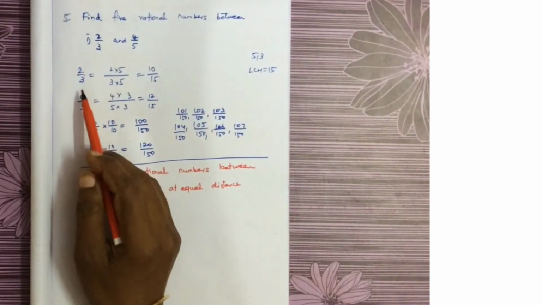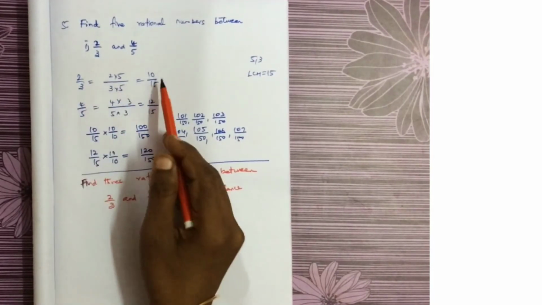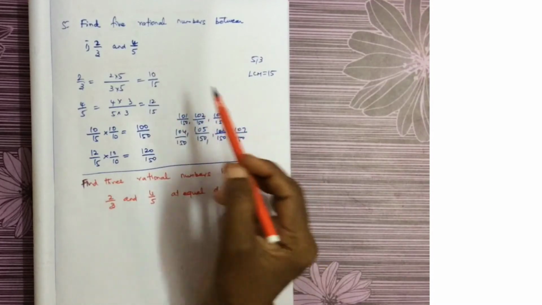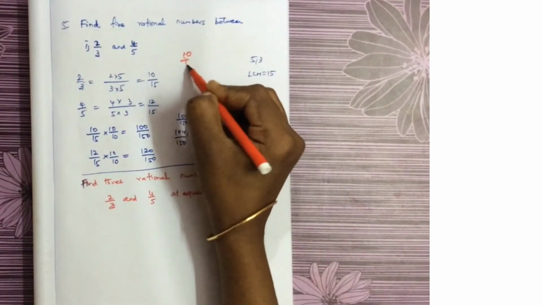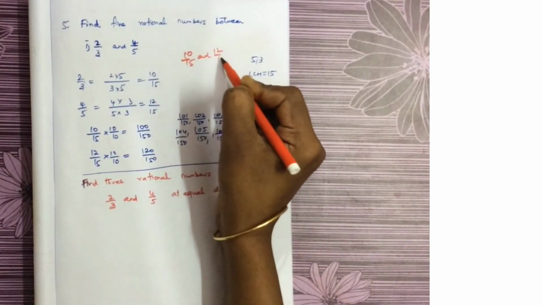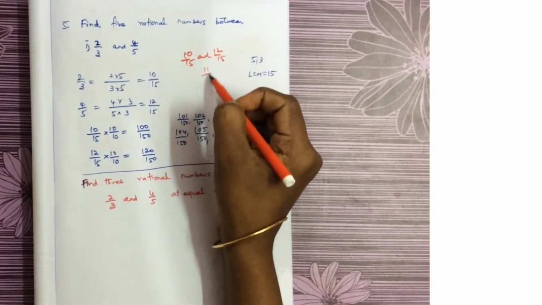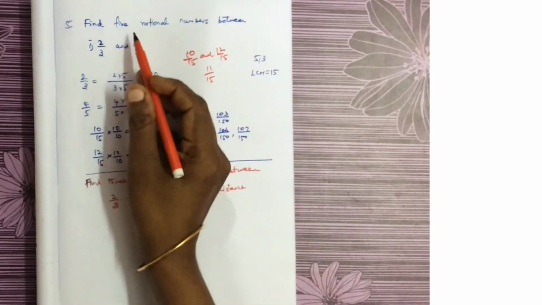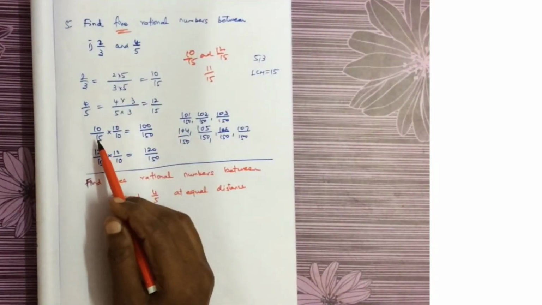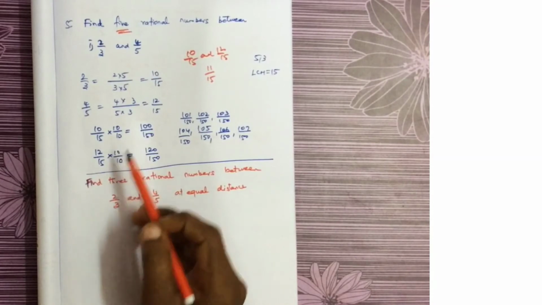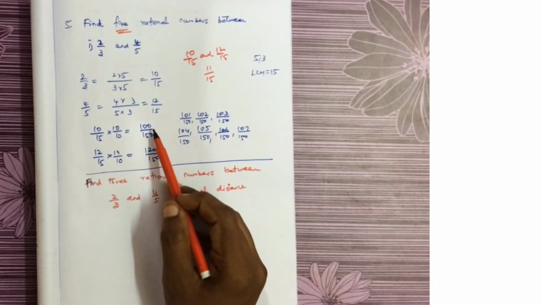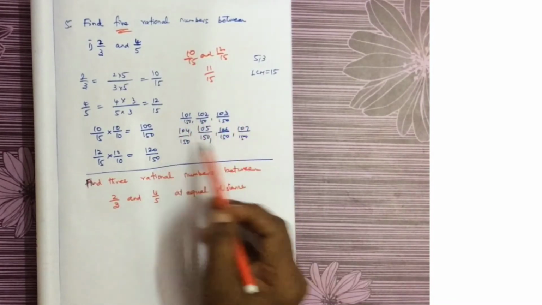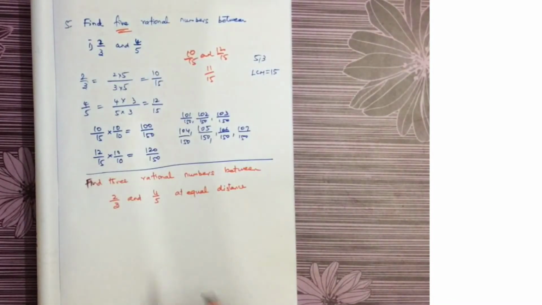So 2/3 can be represented as 10/15, and 4/5 can be represented as 12/15. Between 10/15 and 12/15, if you want to write directly, you can say only 11/15. But I want 5 rational numbers, so I am multiplying the numerator and denominator by 10, here also by 10. So I am getting 100/150 and 120/150. Between these you can write any 5 rational numbers.